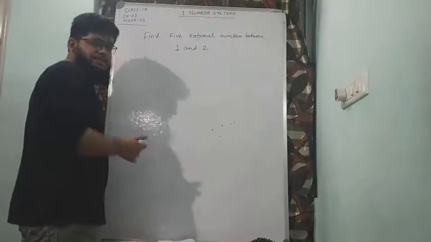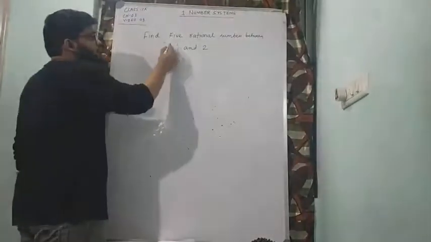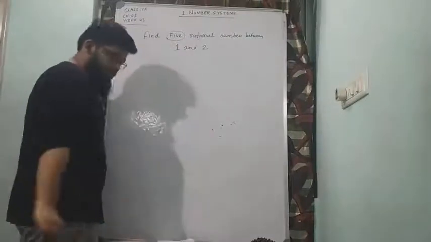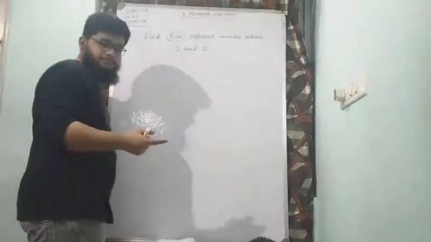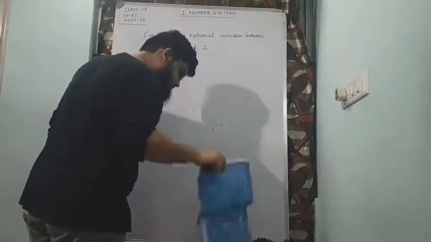So the method is like this. Since we want to find 5 rational numbers, what we should do is always take this number and add 1 to it.